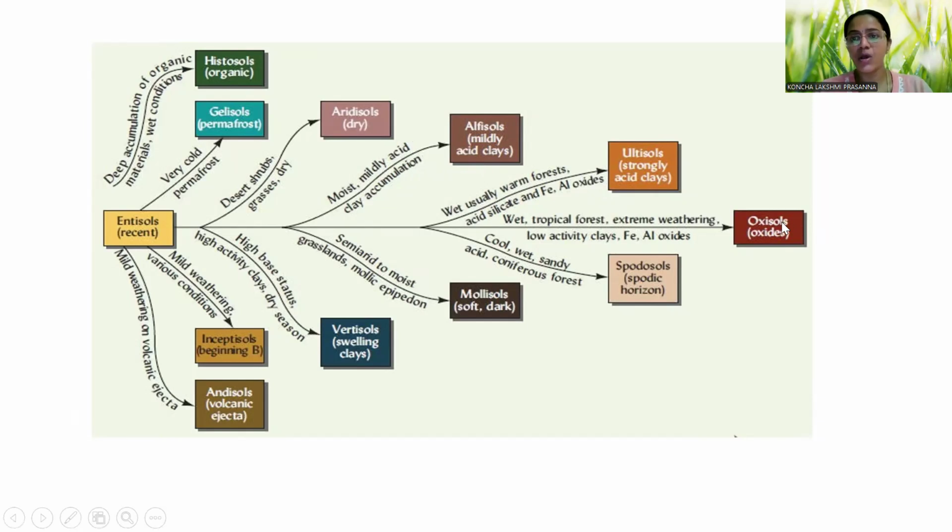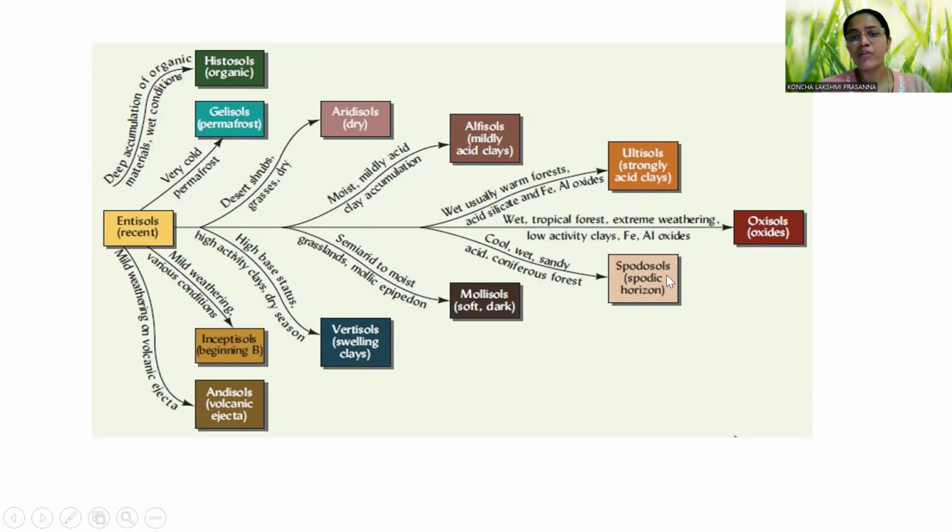Next is the oxisols. Oxisols are mainly formed in wet tropical forests by extreme weathering, where there is low activity of clays and oxides of iron and aluminum. Next is the spodosols. Spodosols come from the word spodic horizon.